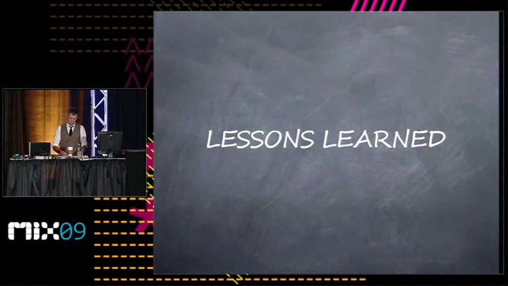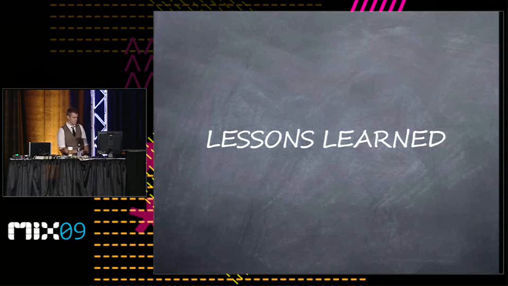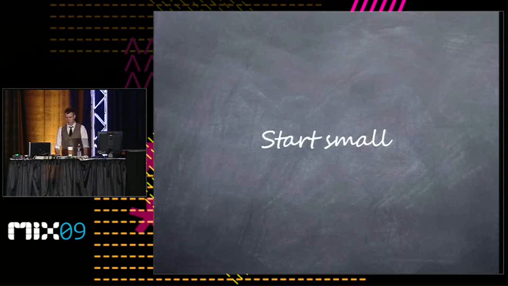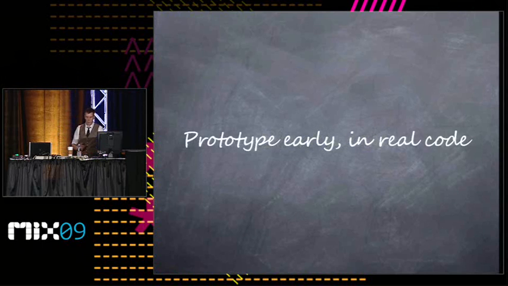So, what are some of the lessons that we learned from our Bat Signal experiment? Start small, right? We didn't try to solve all our goals of the desktop experience at once. We actually focused on one small detail, switching to the right window. Did a bunch of prototypes on that. Prototype early, in real code.